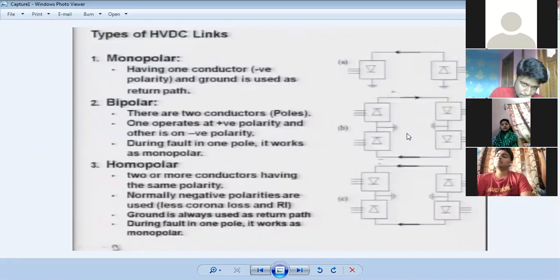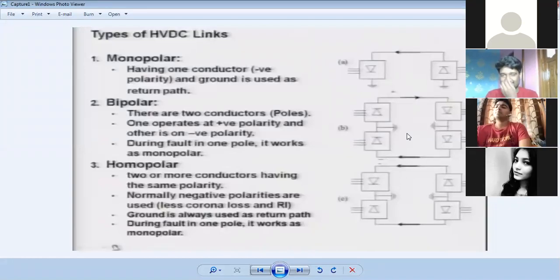So if we have 1 kiloampere current, we need to find out the VDC.